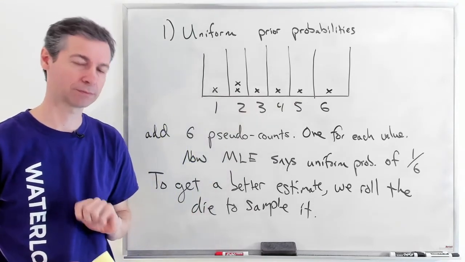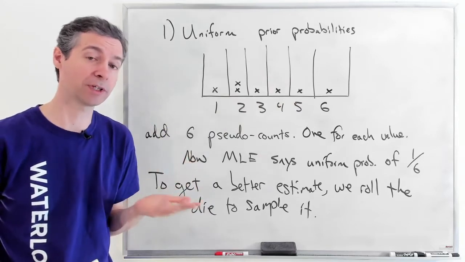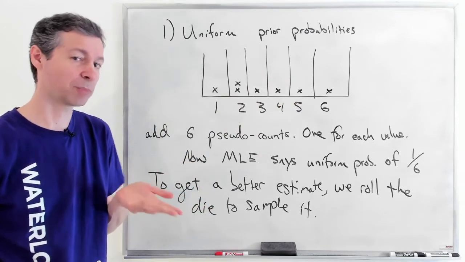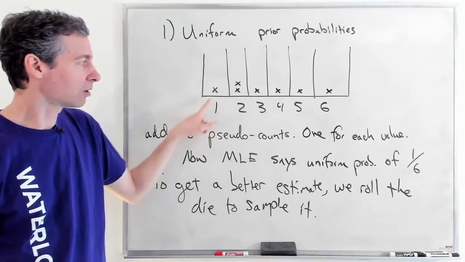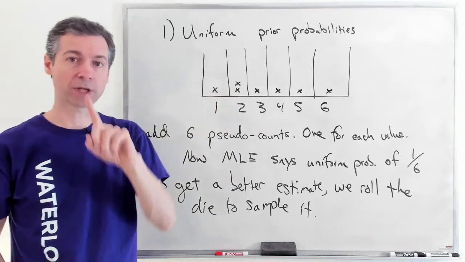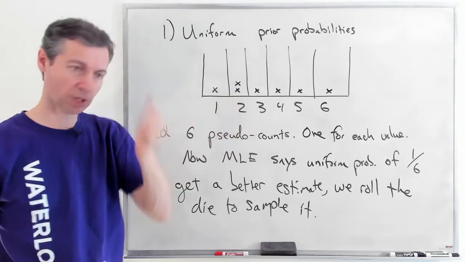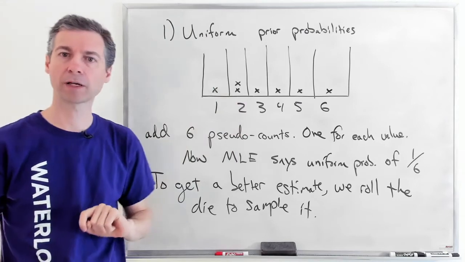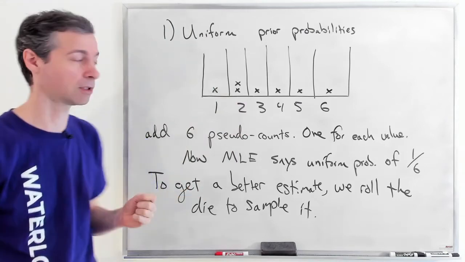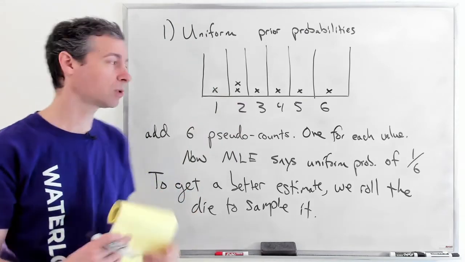Recall, we are working on the zero probability problem. We have basically solved the zero probability problem. But my estimate is now better because I know I rolled it, I sampled it, and I got 2. And so this one has a little bit higher probability than the other ones. Now I could keep doing this though.